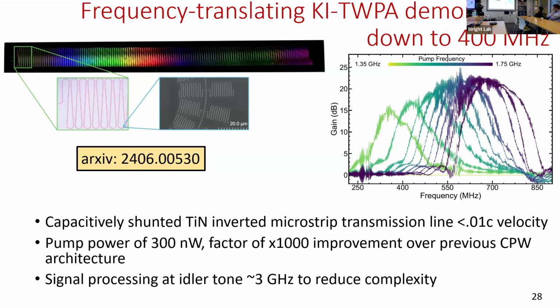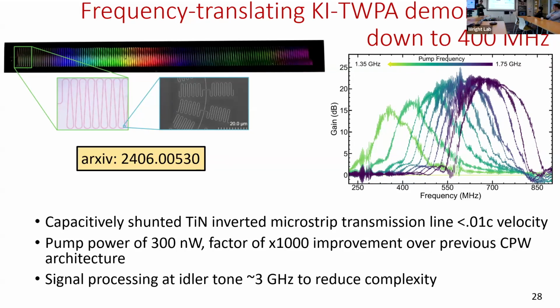So we have demonstrated such an amplifier. This is the amplifier chip shown here. To give you an idea of scale, this is about 2.5 millimeters by 25 millimeters. It's based on a capacitively shunted inverted microstrip of titanium nitride transmission line, and it has an extremely low phase velocity, below 10⁻²c.